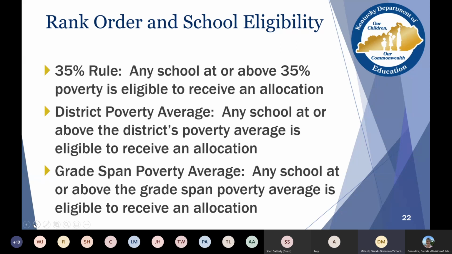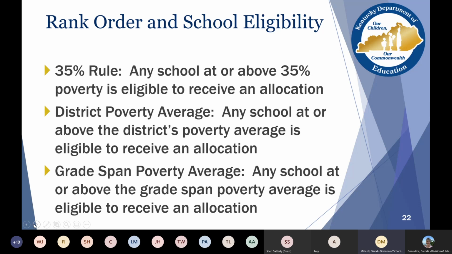Now, it is possible that you select the 35% rule, but internally, maybe you have a cutoff point that you set at the local level of 50%, and that's okay. We have some districts that select the 35% rule, which means any school at or above 35% is eligible to receive an allocation, but they get down to the 50% level and they determine that they can no longer serve schools below that level with an amount of money that would allow them to run an effective Title I program.